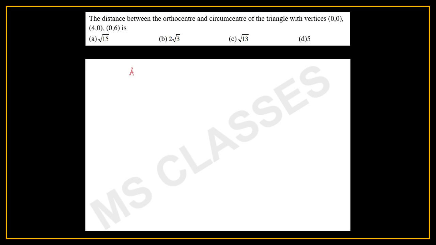We have to find the distance between the orthocenter and the circumcenter of the triangle whose vertices are given by: we take A as 0, 0, we take B as 4, 0, and we take C as 0, 6. So we represent this in the Cartesian plane.